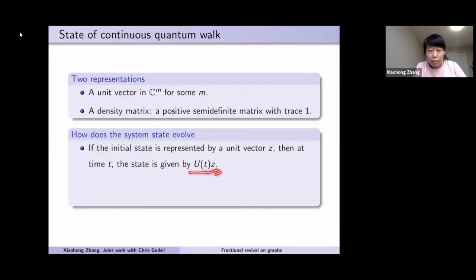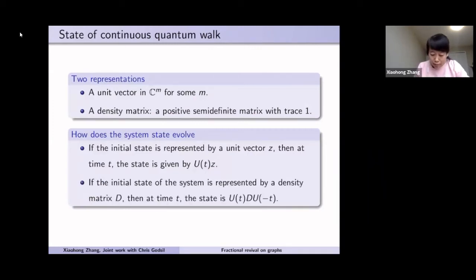We can check this is a unit vector which represents a state. If we represent our initial state by a density matrix D, then at time t it is given by this matrix product. Again, using the fact that U_t is unitary, this is positive semi-definite and has trace 1, representing a state.